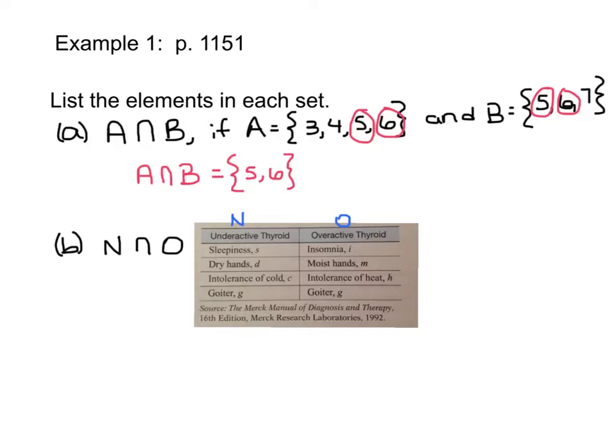We're looking for something they have in common. So we have intolerance of cold, intolerance of heat, dry hands, moist hands, sleepiness, insomnia. Those are all opposites. And then this last one, goiter, is what they have in common. So since they're using G to represent that, then the intersection is just going to be the set of G. That's the only value that they have in common.